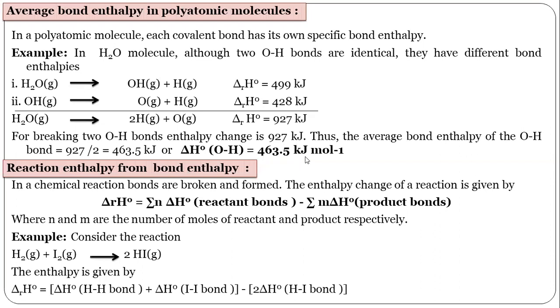It is 463 kilojoule per mole. So this much energy changes when the OH bond is broken. This is possible in the case of many steps. If 2 steps, 3 steps are there, then such an average bond enthalpy is considered here, 463.5 kilojoule per mole.